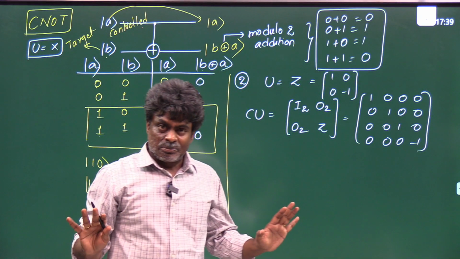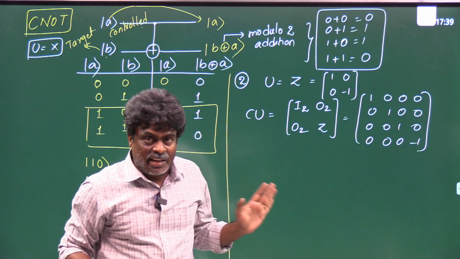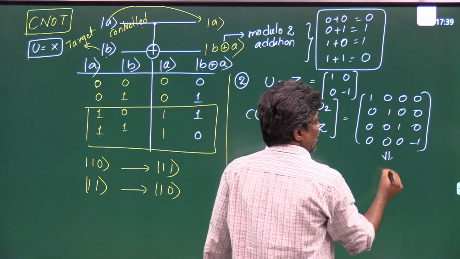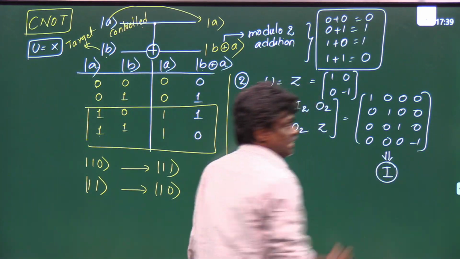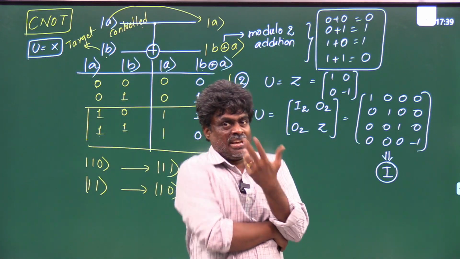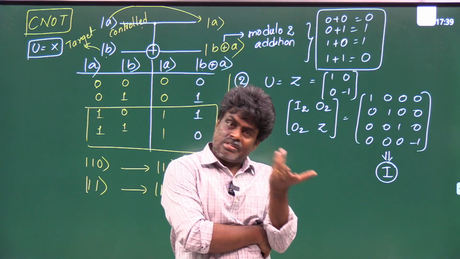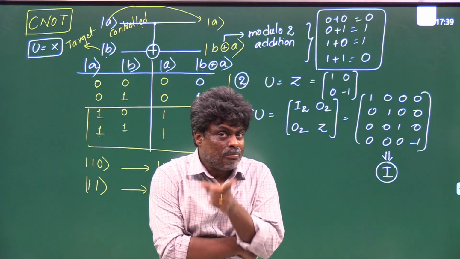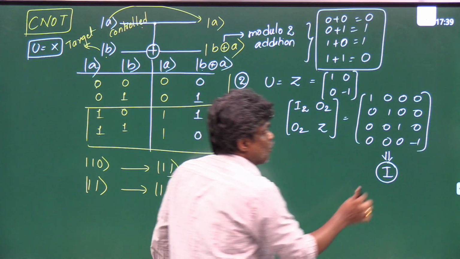Don't do anything. Just apply whatever technique I told you. Please compare this with I, the identity matrix. Just check. First column same, same. Second column same, same. Third column same, same. Fourth column, not the same. So what happened?